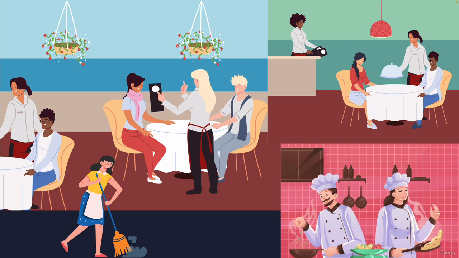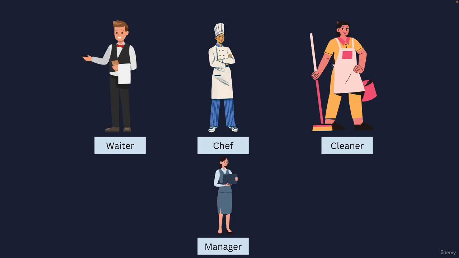Now, to go back to that restaurant example, I want to use it to expand your knowledge of object-oriented programming. If you remember that restaurant, we have a few different things in it, right? We've got a waiter, a chef, a cleaner, and a manager to manage everybody. Assuming, again, with that restaurant, you don't want to do everything by yourself.